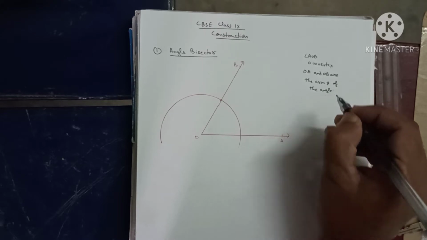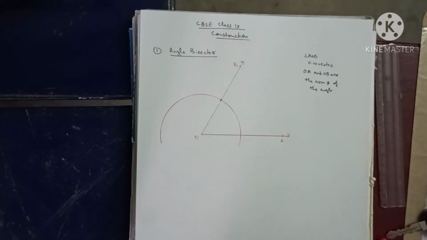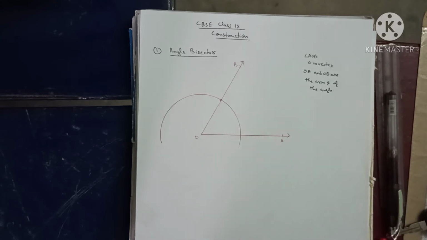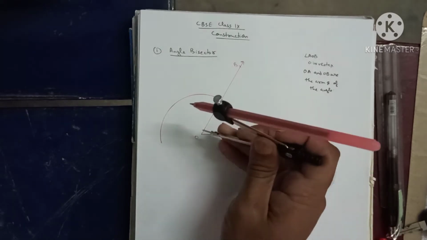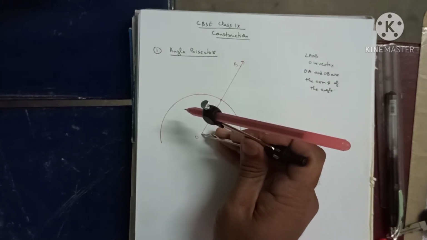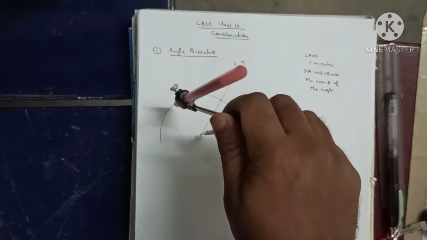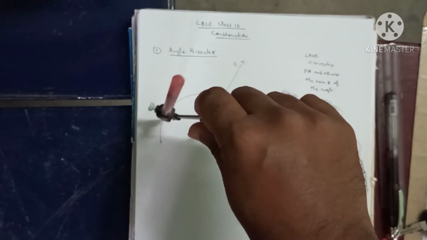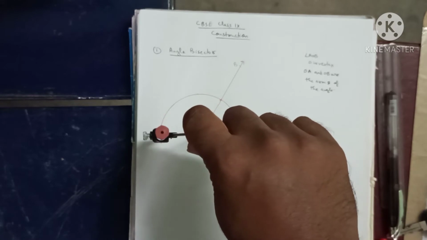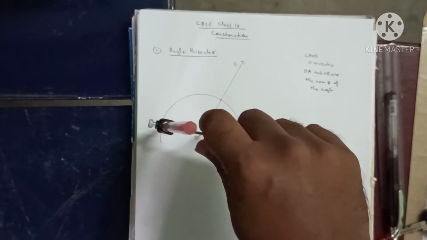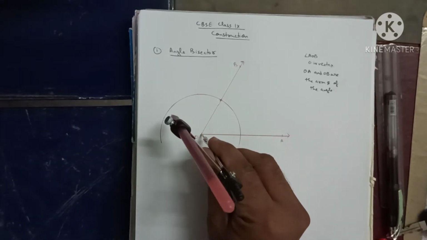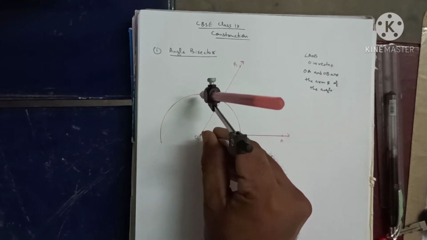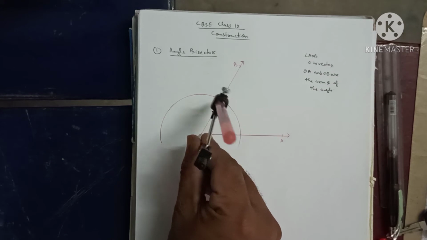In order to bisect it, first of all, keeping the center O, taking some convenient radius, you can take any radius, but make sure the radius is not very small, because then you will not be able to draw the arc properly.